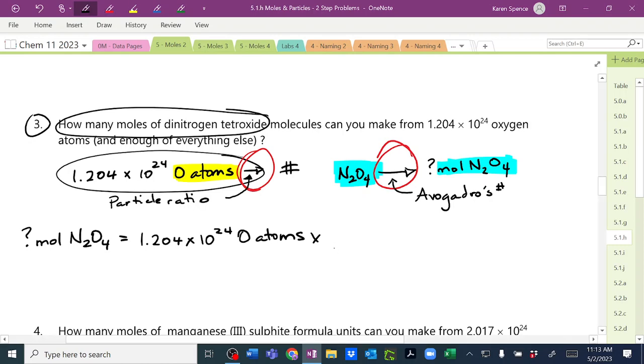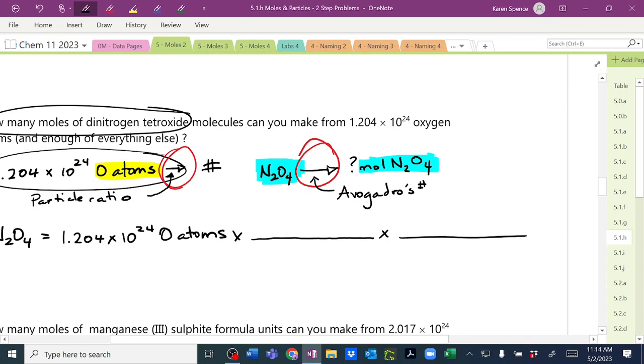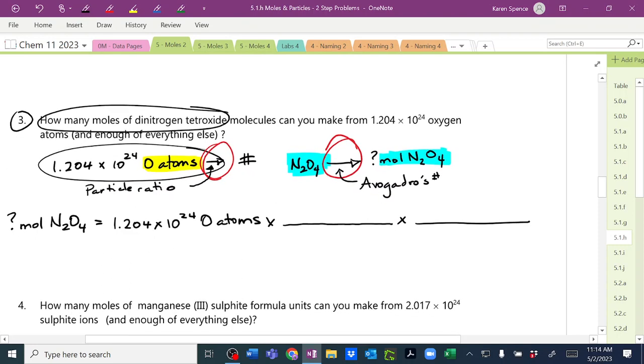So I'm going to have 2 conversion factors. Okay. And I want to convert between O atoms. So I need to cancel O atoms. And in my first step, I am finding the number of N2O4. So on the top, I'm going to put N2O4.